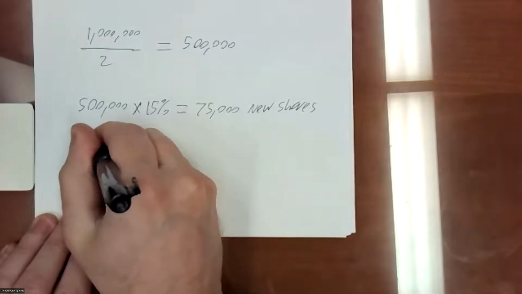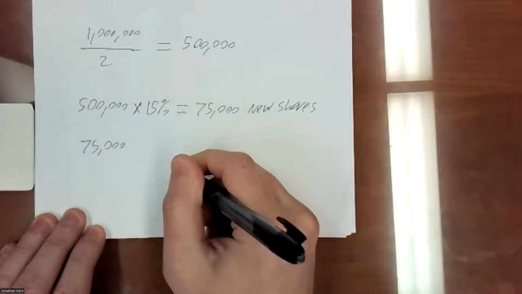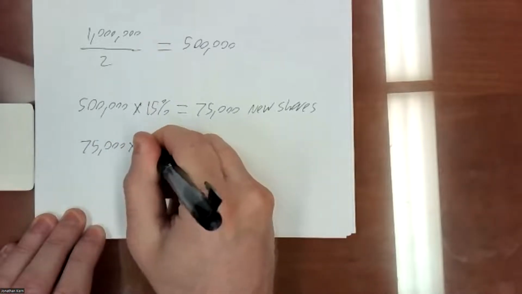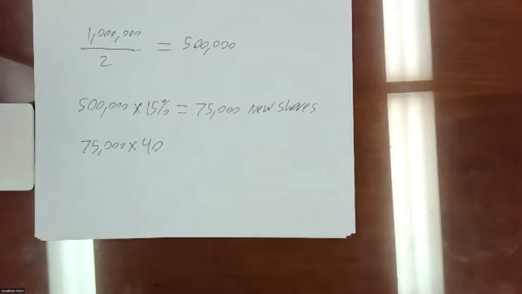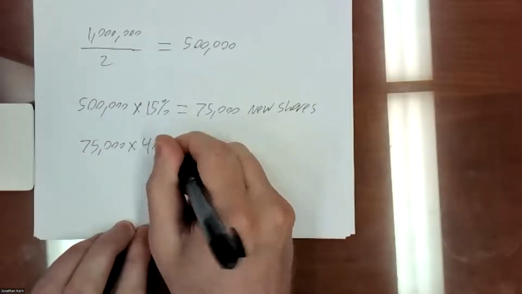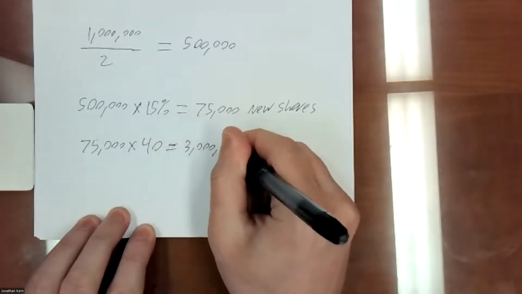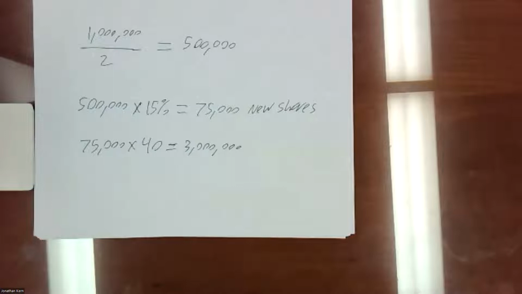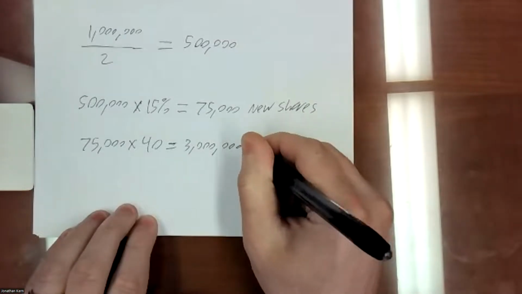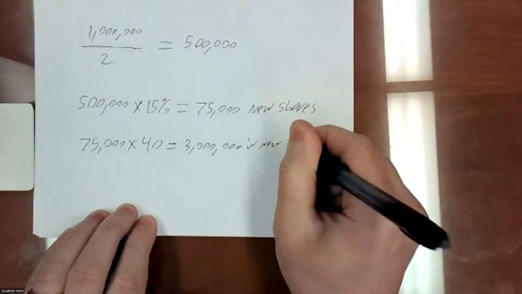We issue these new shares at the fair market value, and the fair market value on the date of declaration was $40 a share. Which means that the company is issuing $3 million in new shares.